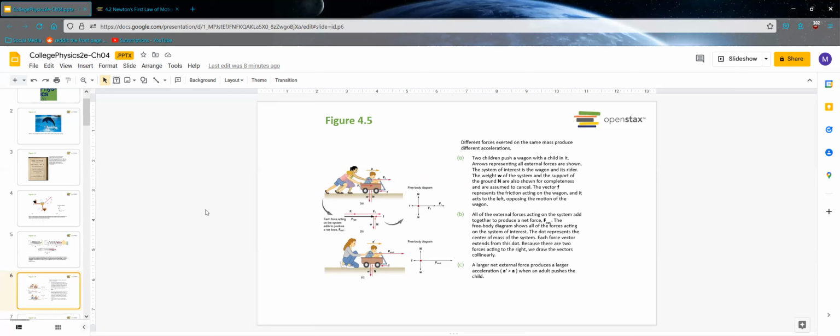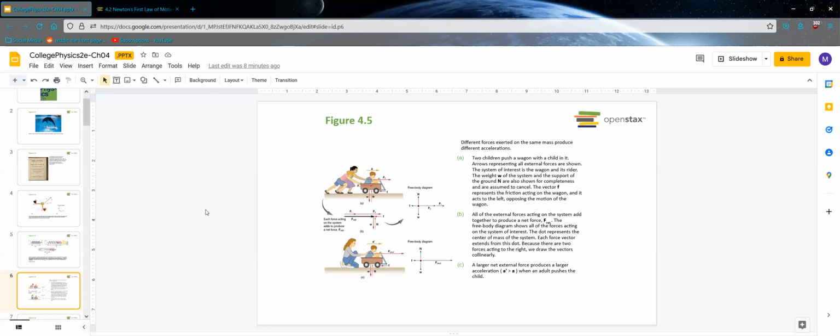If you know, for example, how heavy the cart is and how fast the wagon is moving, you can derive a bunch of information like how much force the people pushing the child in the wagon are applying. That's all stuff you can get.